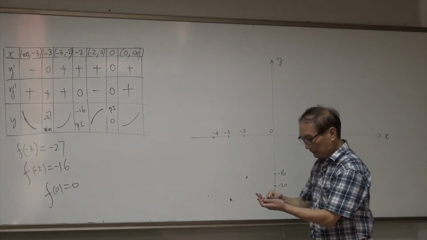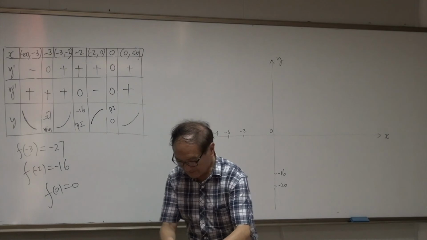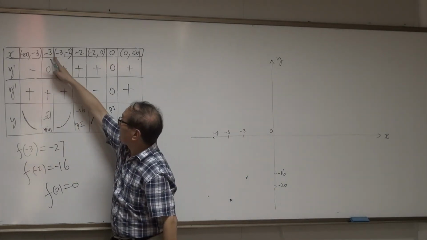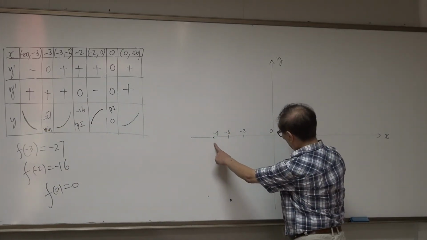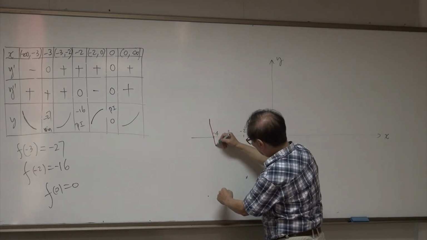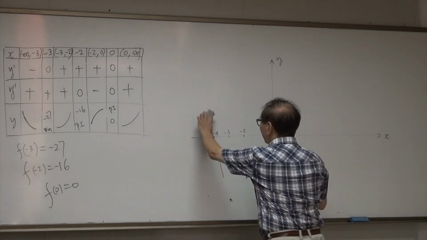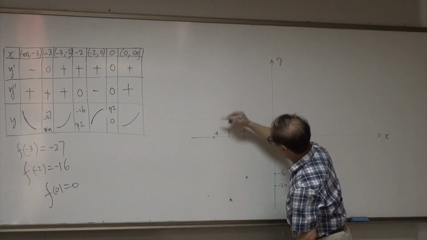So finally we can join these things. From infinity to this point, minus 3, minus 10, is this shape. Through this, right? So it has to go through the x intercept. It's not easy to draw a nice curve.